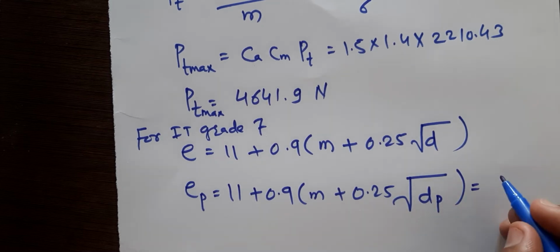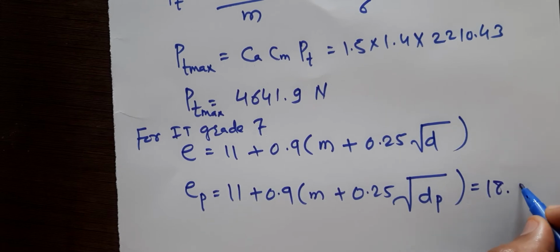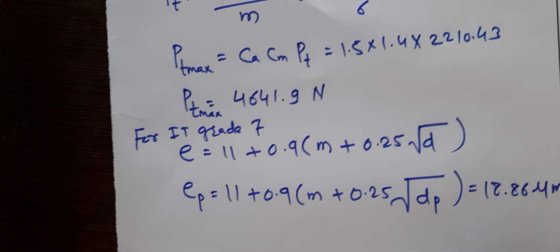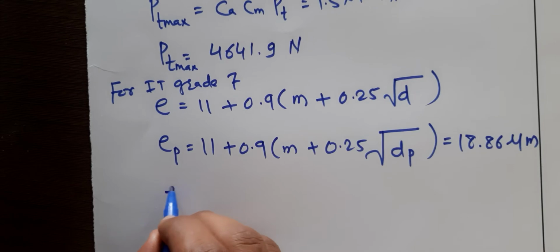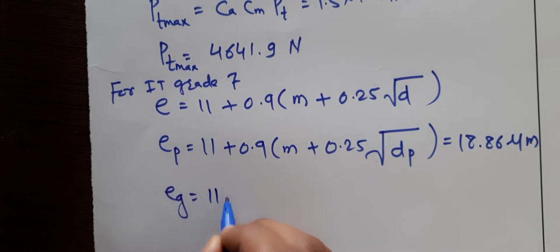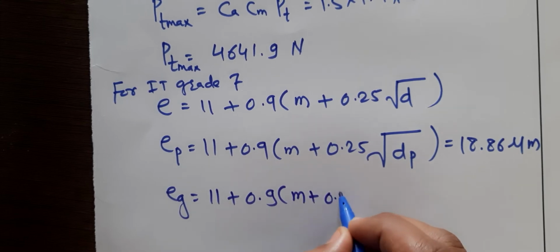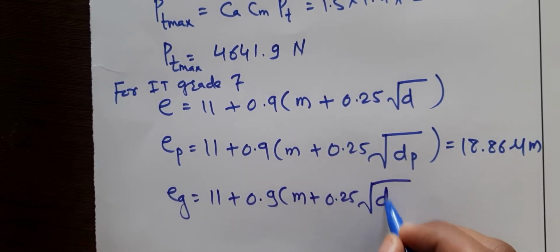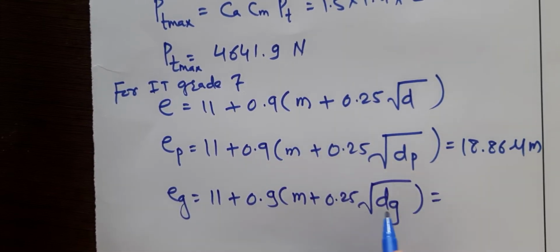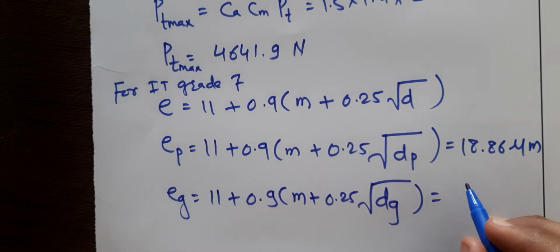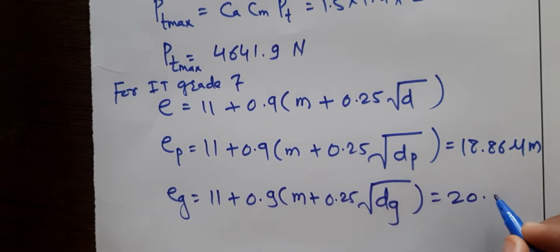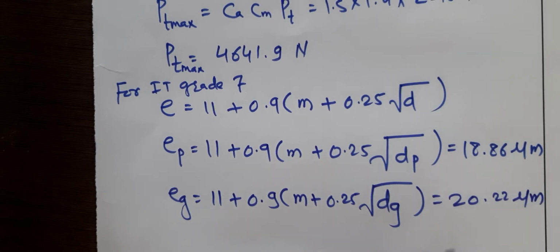If you substitute the values, you will get ep as 18.86 micrometers. Similarly, eg is 11 plus 0.9 in bracket m plus 0.25 under root dg. If you put dg and m, you will get eg as 20.22 micrometers.